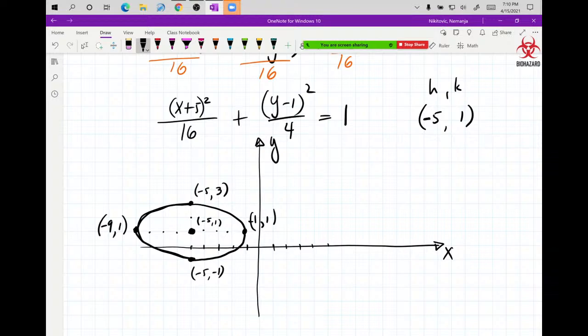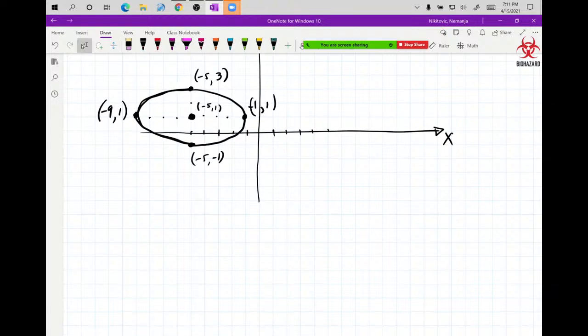What else do we need? Well, I think we can just talk a little bit about the application. Orbits of planets, right, are on elliptical path, and the sun is in one of the focal points.